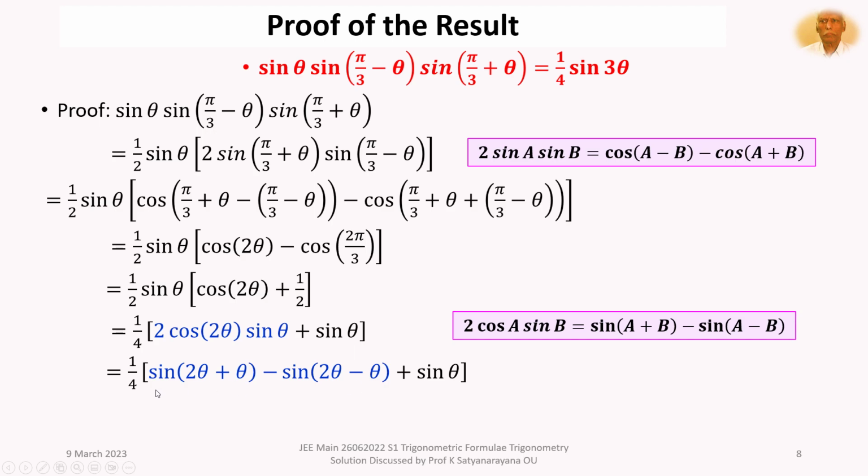Then when you simplify, sin of 2 theta minus theta is sin theta only. Minus sin theta plus sin theta will get cancelled. And 2 theta plus theta is 3 theta. We will get 1 by 4 sin 3 theta. And that is the proof of this result.